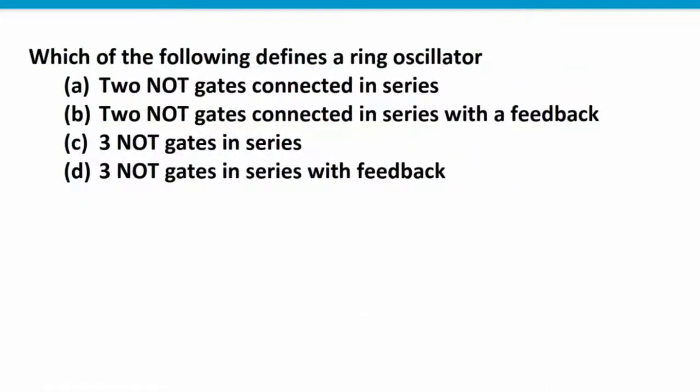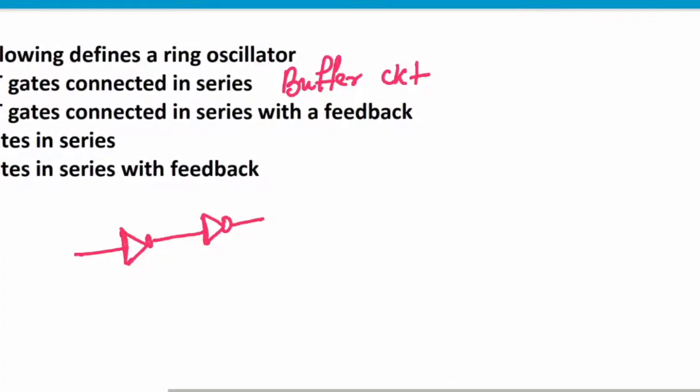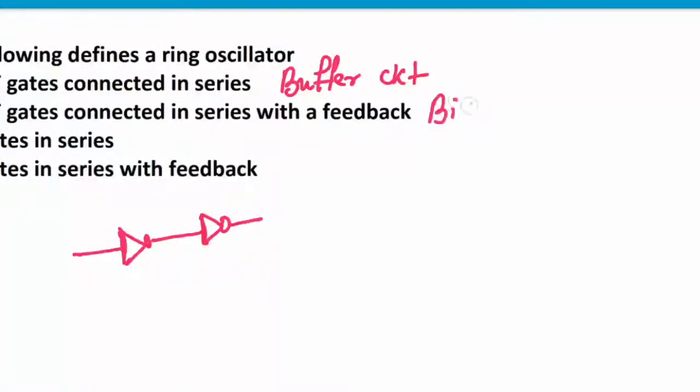First, two NOT gates connected in series is actually called a buffer circuit. Two NOT gates connected in series with feedback is called a bistable vibrator.